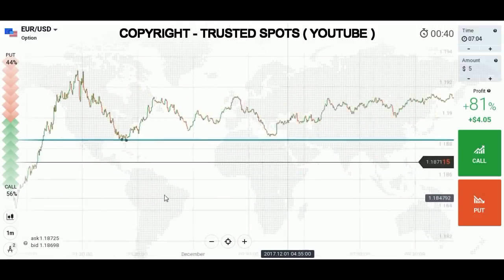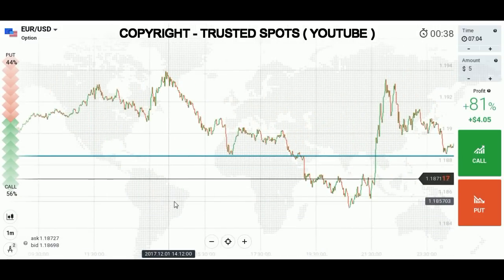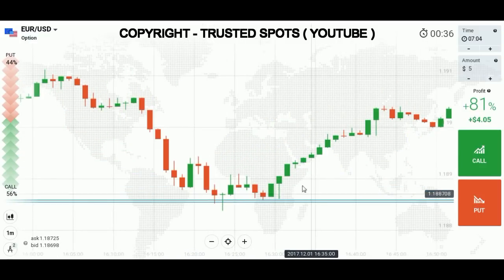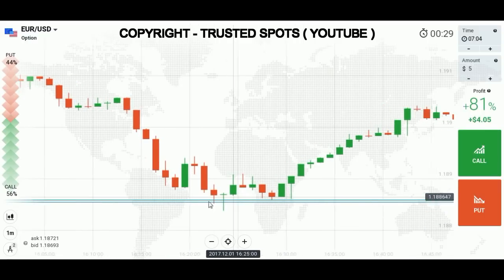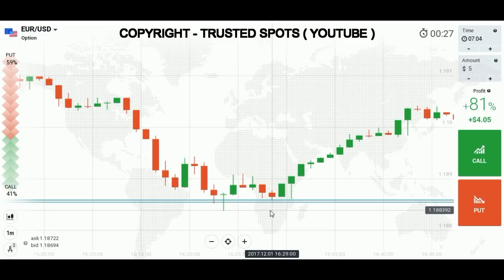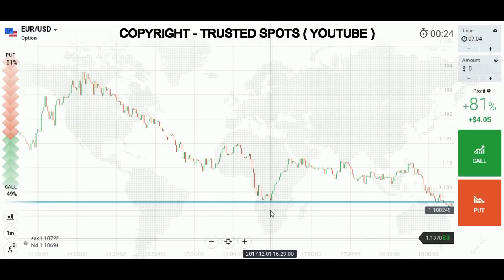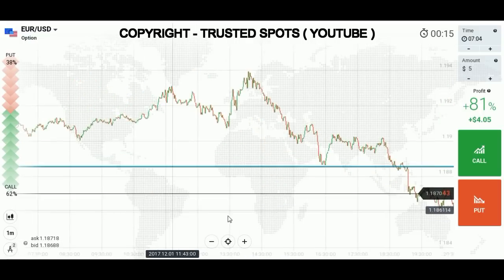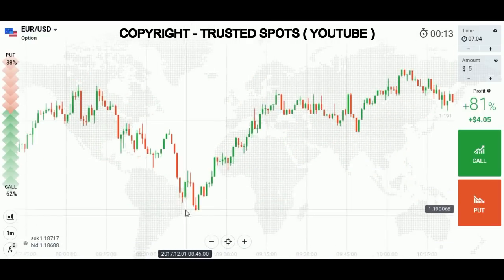Let me go forward and see if this worked, and you can see this level worked correctly. It totally worked here. So this is the first concept. If you want to find strong SNR, look for the areas which are clearly visible and where you can see good reversal points, like this level.